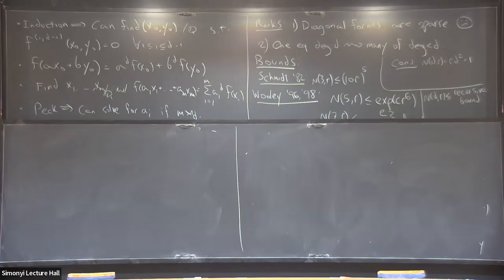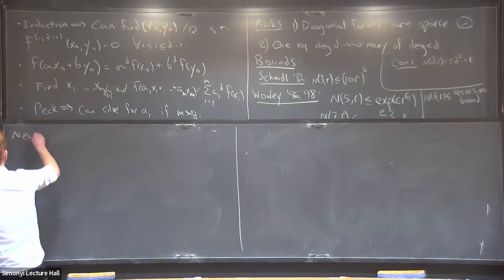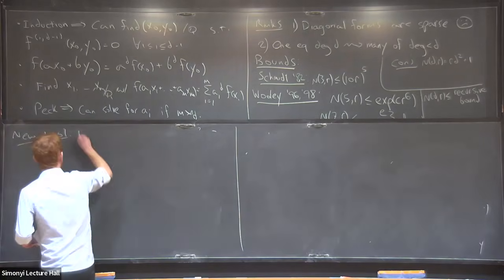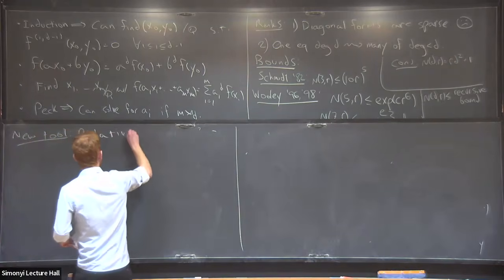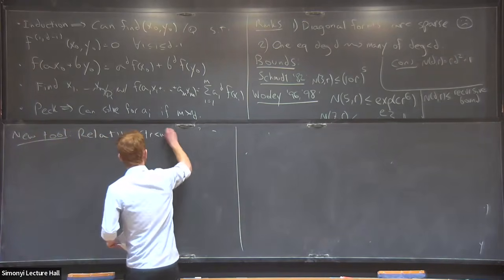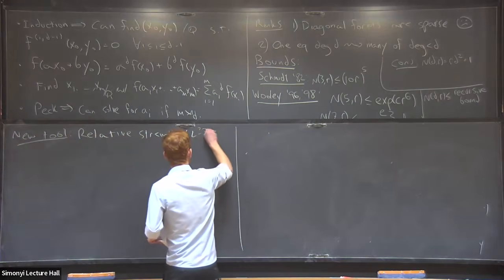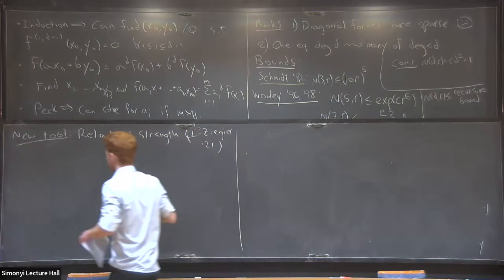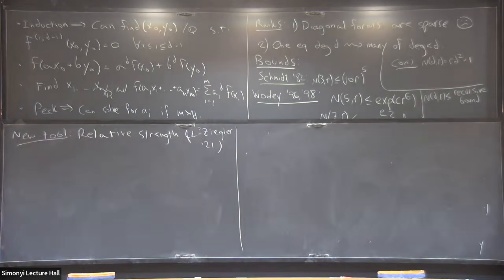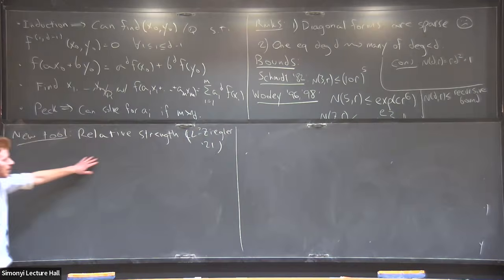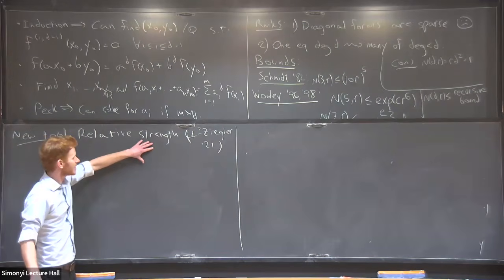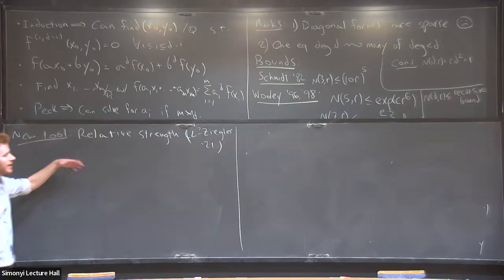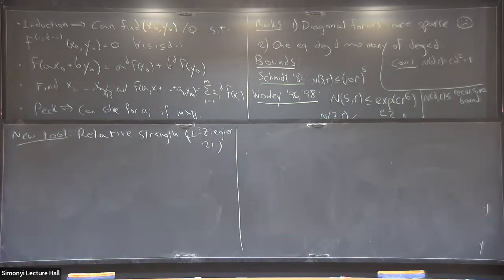So the main new tool that we use to address this is something we call relative strength. This was introduced by myself and Ziegler in 2021. Like I said, strength has various applications. We introduced this in the distribution of polynomials over finite fields, and these questions in higher order Fourier analysis.